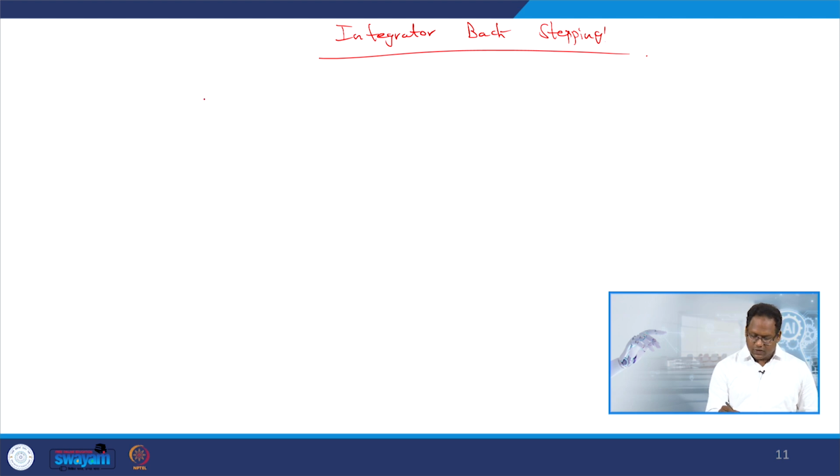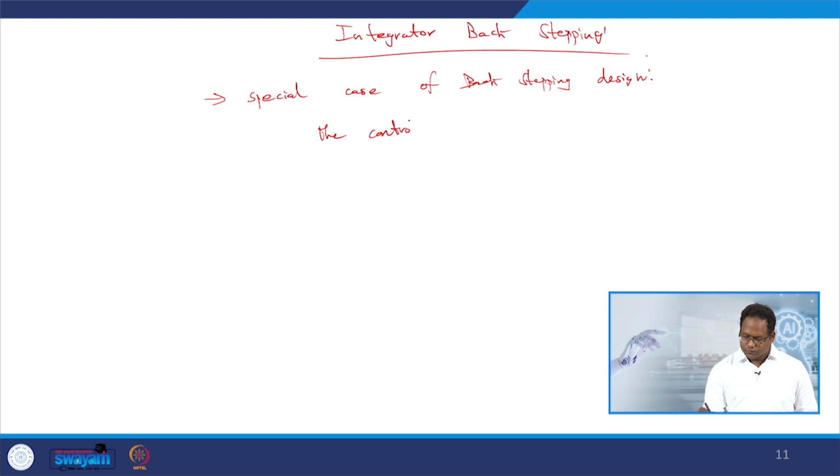Integrator backstepping is a special case of backstepping controller design, where the control input is connected to the system through an integrator or through a chain of integrators.